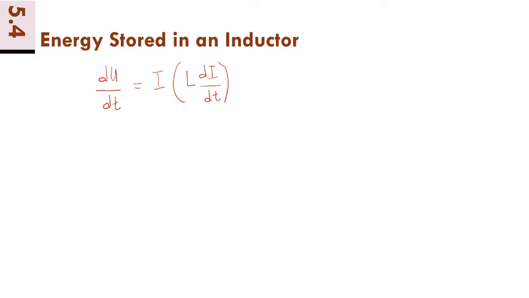Then we can cancel dt on both sides. So we will get dU equals I L di.